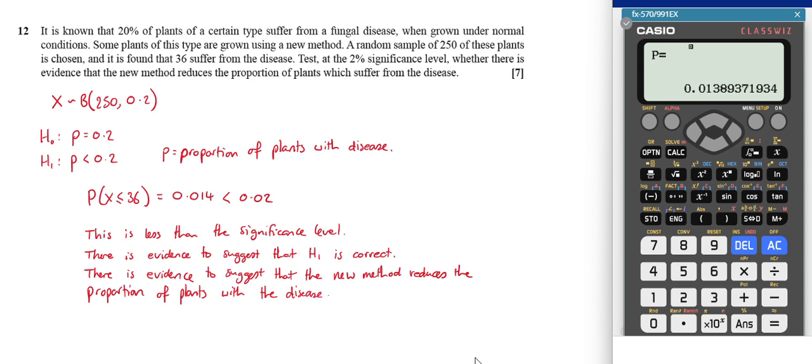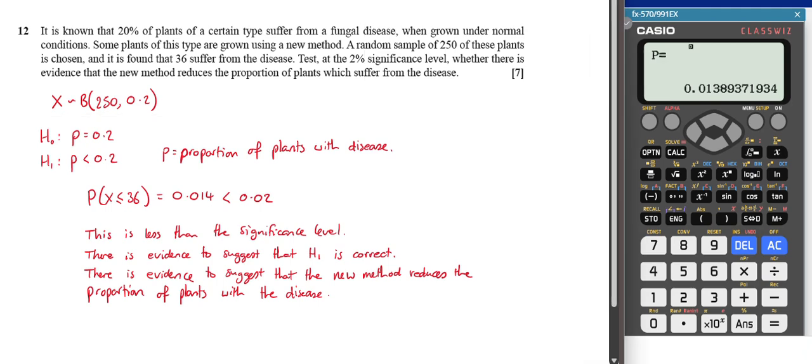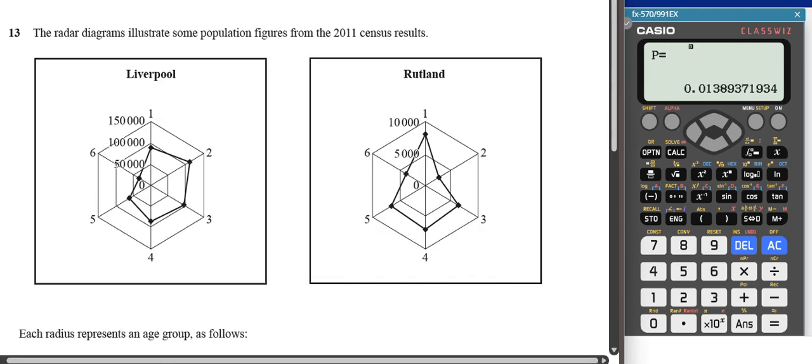And with that, we've compared it to the significance level. We've identified whether we should accept or reject H0, H1, the alternative hypothesis, and then we've given an answer in context. Last question then. Question 13.